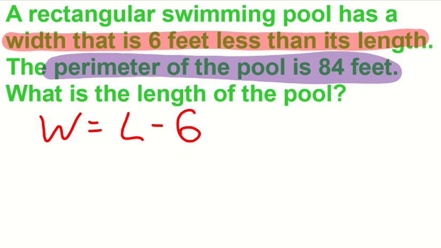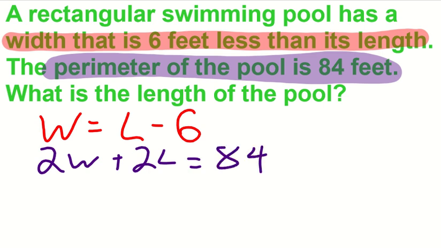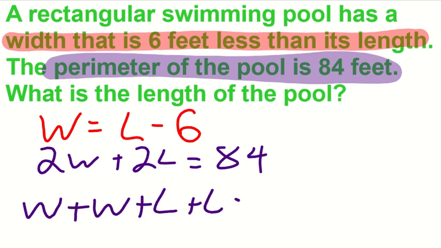So when we write an equation for that, we get 2 widths plus 2 lengths equals 84. Now, if you really wanted, width plus length equals 42, that would be the same thing. Either one really works. I am going to use that first one though.